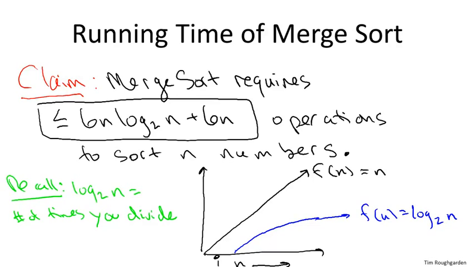So f of n being log base 2 of n, and I encourage you to do this perhaps a little more precisely on a computer or a graphing calculator at home, but log is going much, much, much slower than the identity function. And as a result, a sorting algorithm which runs in time proportional to n times log n is much, much faster, especially as n grows large, than a sorting algorithm with running time that's a constant times n squared.